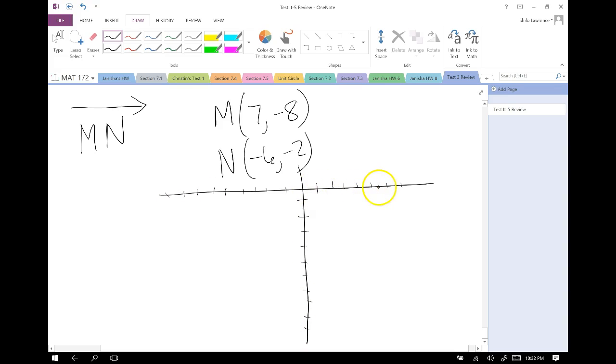So 1, 2, 3, 4, 5, 6, 7. 1, 2, 3, 4, 5, 6, 7, 8. So here is 7, negative 8. And then 1, 2, 3, 4, 5, 6, negative 2. Negative 6, negative 2.